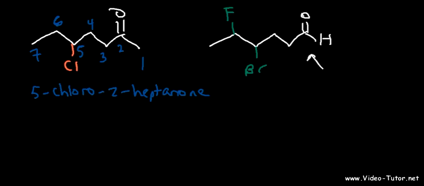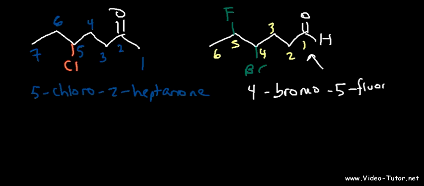For this one, we have an aldehyde, and we have a bromine on 4 and a fluorine on 5, so bromo comes before fluoro, so it's going to be 4-bromo-5-fluorohexanal, with an "al" at the end. Go ahead and try these examples.